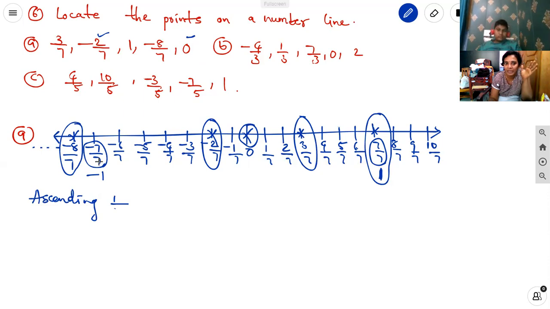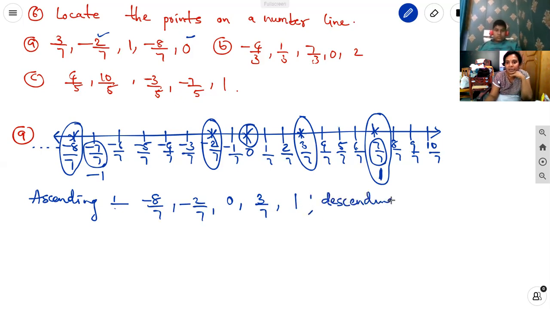So ascending: minus 8 by 7, minus 2 by 7, 0, 3 by 7, 7 by 7 which is 1. Descending order means reverse of the ascending order: 1, 3 by 7, 0, minus 2 by 7, minus 8 by 7. Okay, like that.